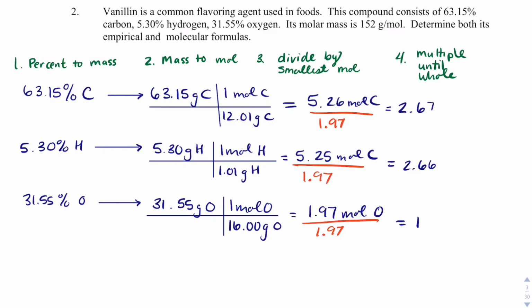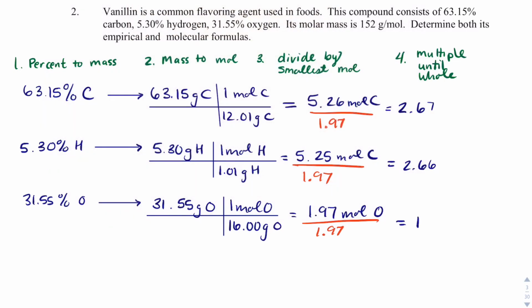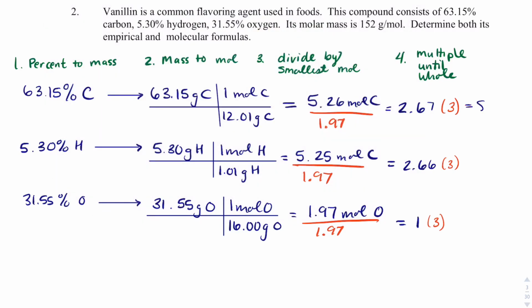Are they fourths or quarters? And I look at this as a fraction, and this is 2 2/3. So if I want to get rid of this fraction, I just need to multiply by the denominator, which would be a third. So I need to multiply everything by 3. And when I do that, I get 8, 8, and then 3.